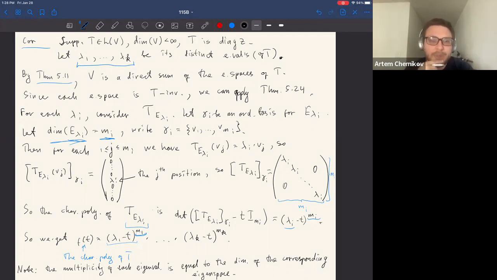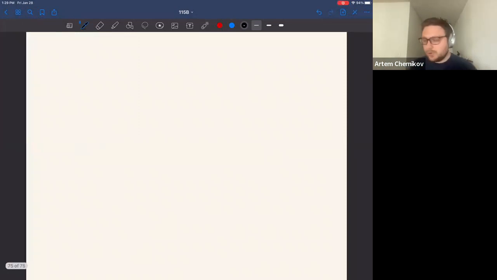But before that, as usual, we want to define the corresponding statements and notions for matrices. As usual, throughout this course, we are maintaining this duality between linear operators and matrices.